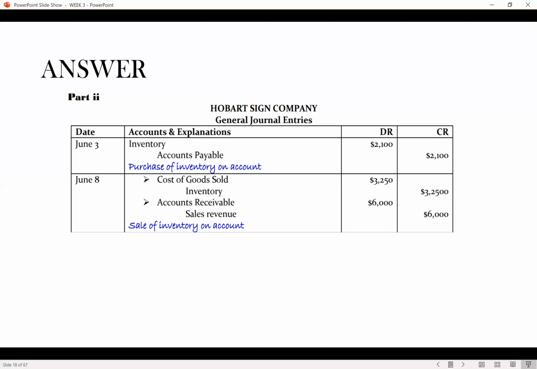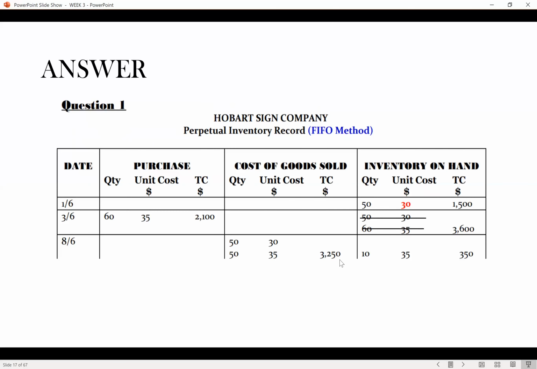And we say inventory is an asset. When it increases, it is debited. So therefore, when it decreases, we have to credit. And here, ignore this additional zero. The cost that it cost us is what goes there, the 3,250.